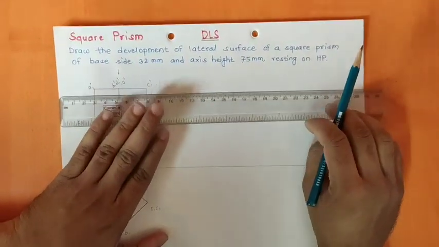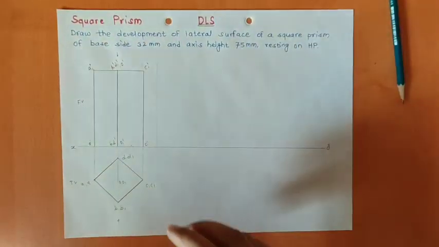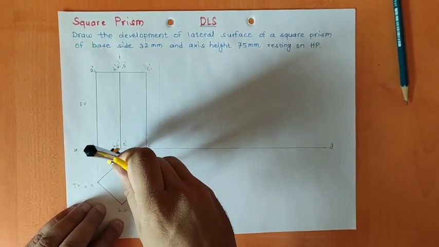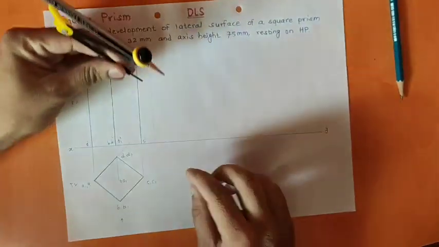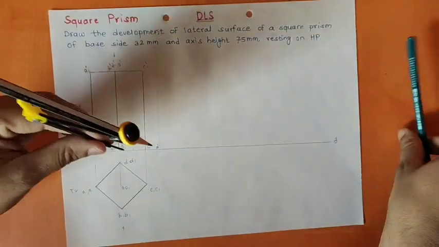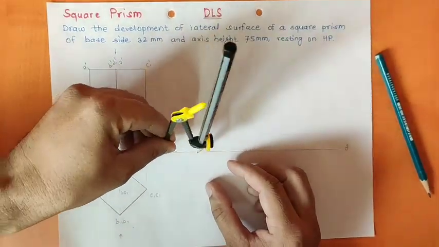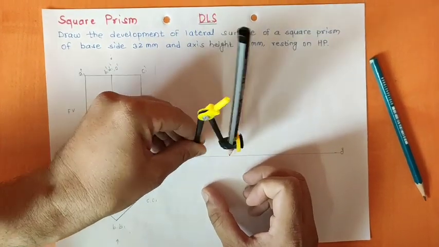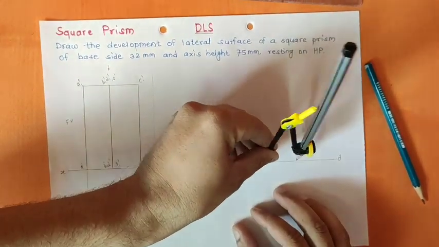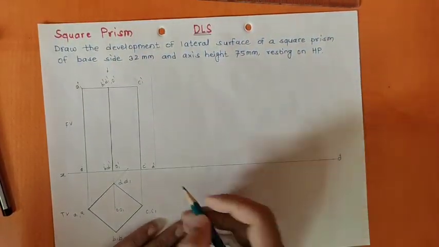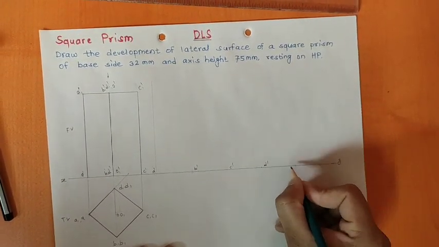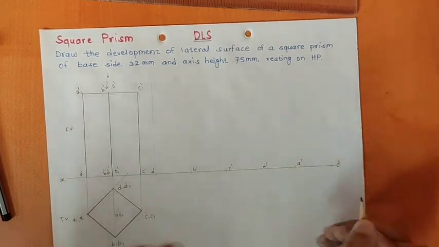Once we do that, take in the compass a distance equal to the base of the square prism, and from this point number 1, I'll name it again as A dash, and from A dash we'll mark 1, 2, 3 and 4 points. So I'll name these points A dash, B dash, next point C dash, next point D dash, and again the last point A dash.